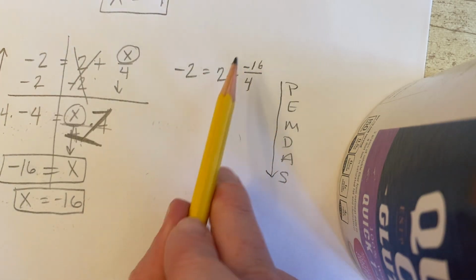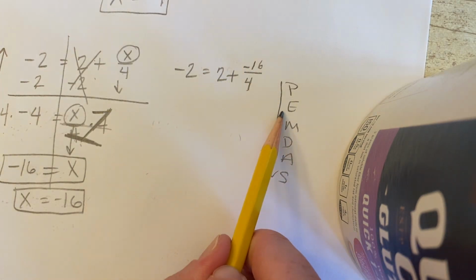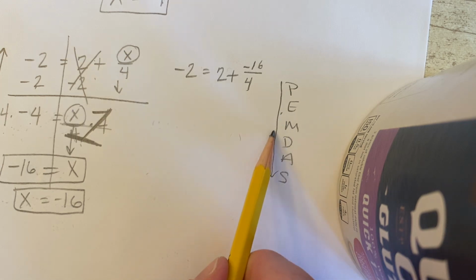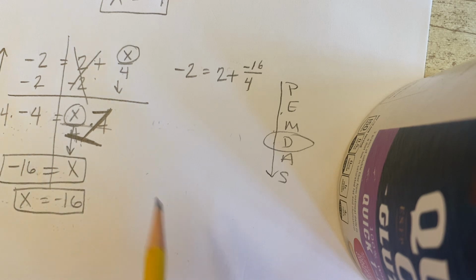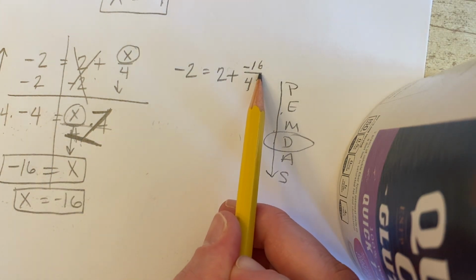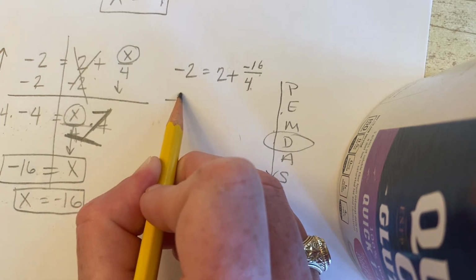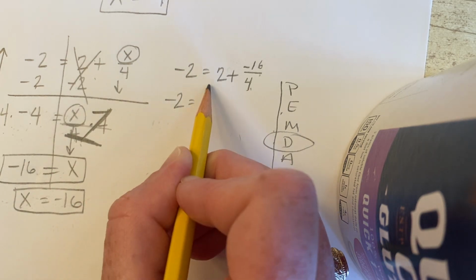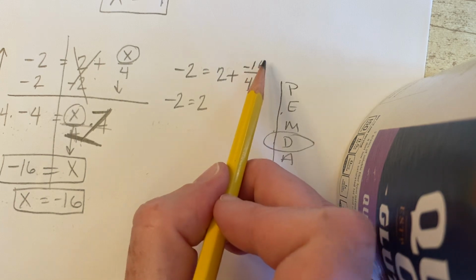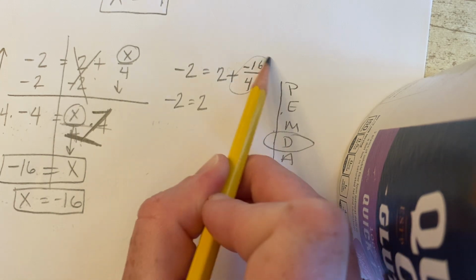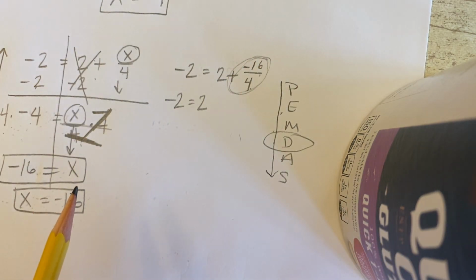Any parentheses here? No. Exponents? No. Multiply? No. Divide? Yes. We need to divide negative 16 by 4 before we ever get started. So I'm going to bring down the negative 2 equals. I'm going to bring down the 2, and I'm going to go ahead and divide this negative 16 divided by 4. How much is that?